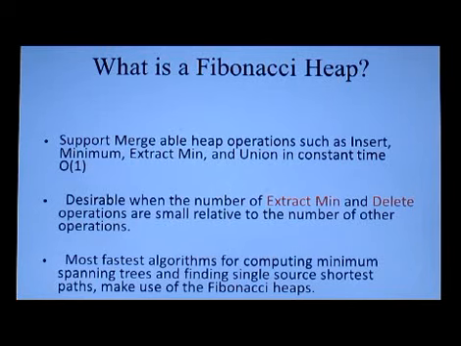It supports mergeable heap operations such as insert, minimum, extract minimum, and union in constant time, O(1). This is best when the number of extract min and delete operations is small relative to the number of other operations. Most of the fastest algorithms for computing minimum spanning trees and finding single source shortest paths make use of the Fibonacci heap.